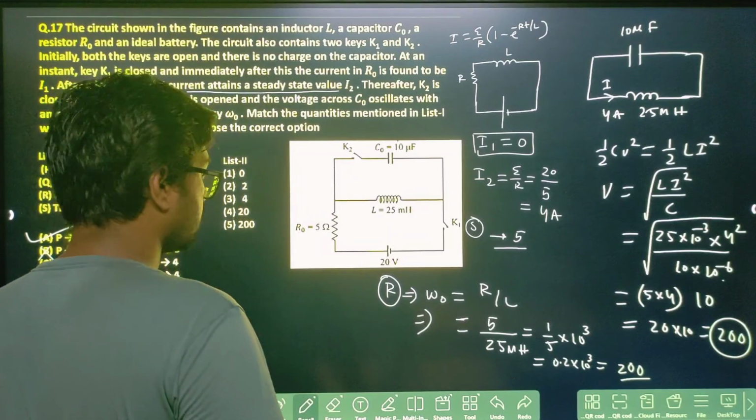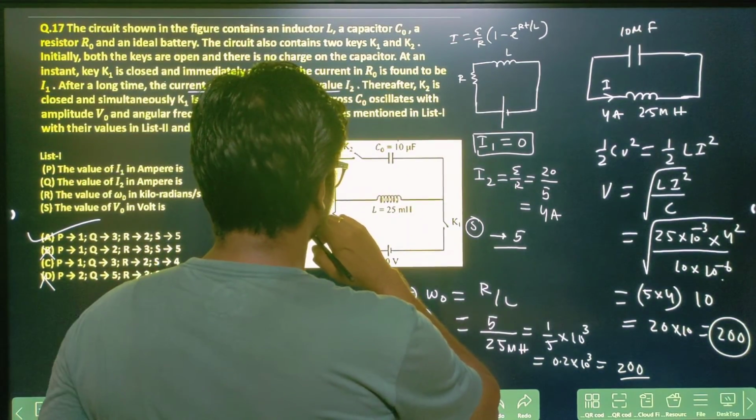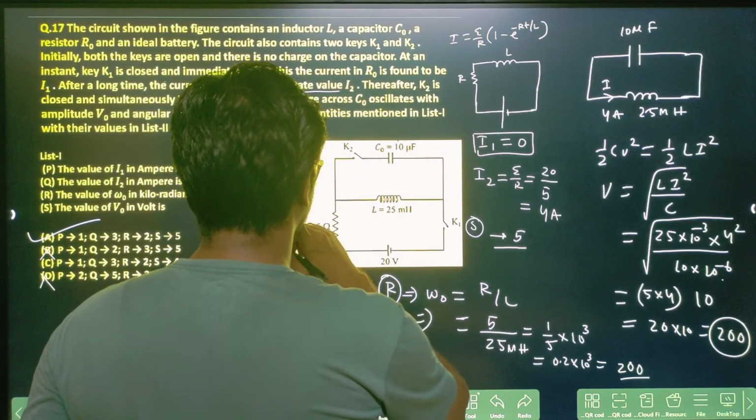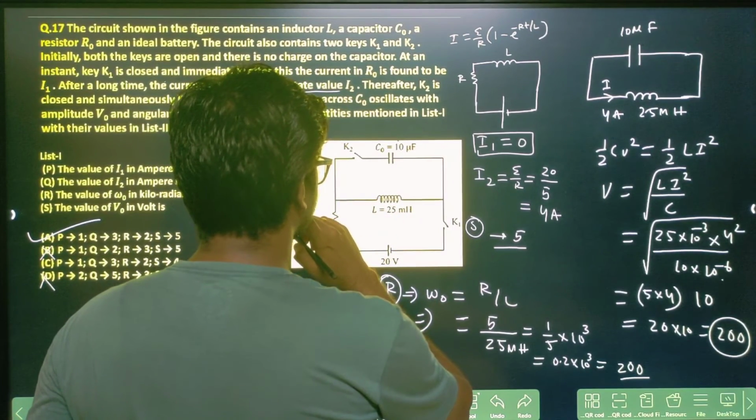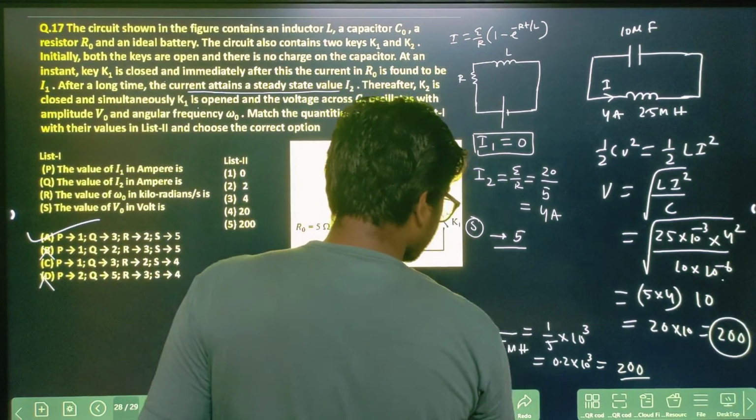Something mistake we did here. Oh, sorry, omega naught there, not this one, for not the RC circuit.